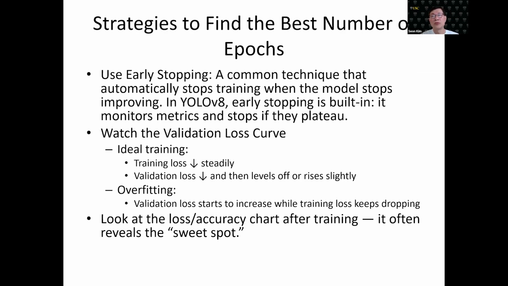You provide a big epoch number, but you also provide some patience. It means that if for some number of epochs nothing changes, it automatically stops. It doesn't go through the entire number of epochs. Or sometimes we use the validation loss curve, and YOLO provides this kind of curve while it is being trained. You just monitor it, and then you can stop it.